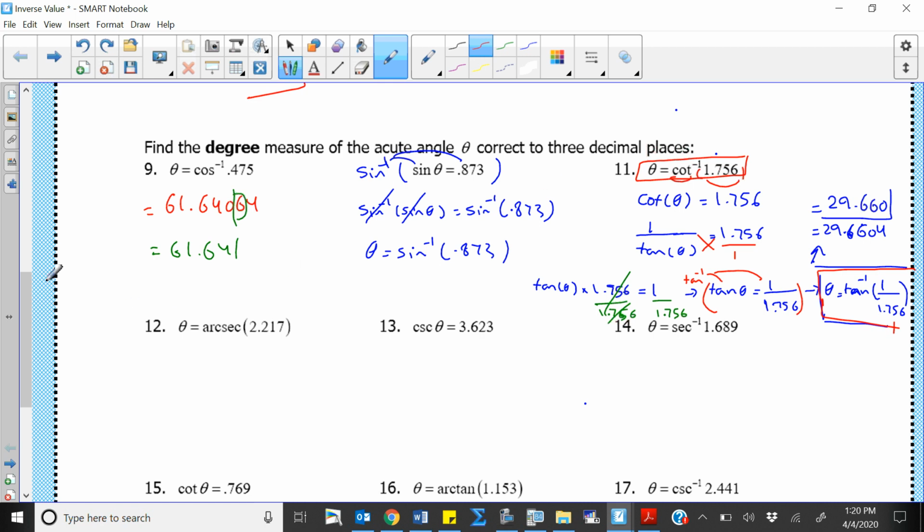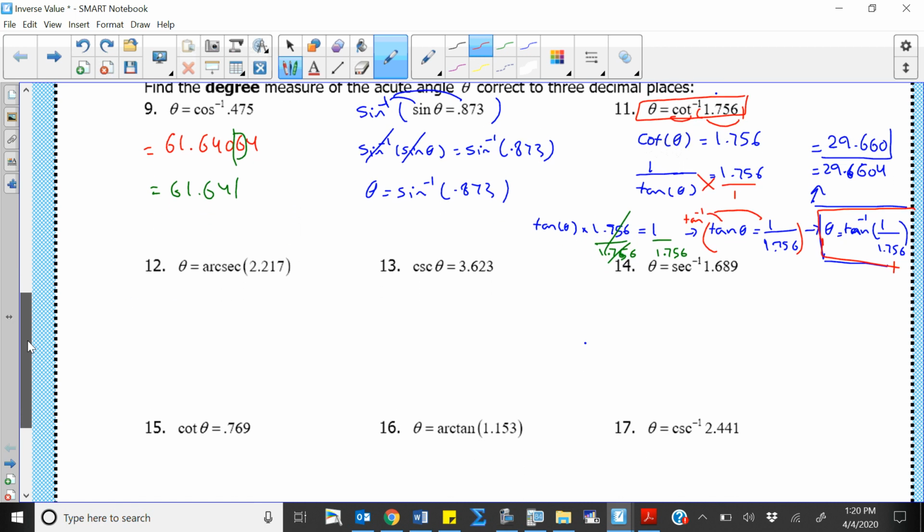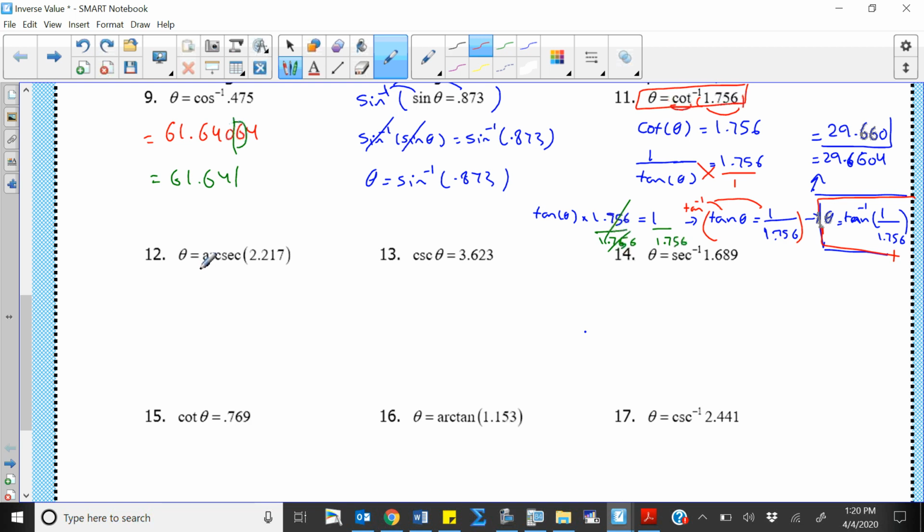Let's do one more example to make it more clear for you. So I have arcsecant of this value. We know that, first of all, arcsecant is secant negative 1. So we don't have to freak out if we see arc. It's the same thing as secant negative 1. Now, we don't have any button defined for secant on our calculator, so we need to change it.